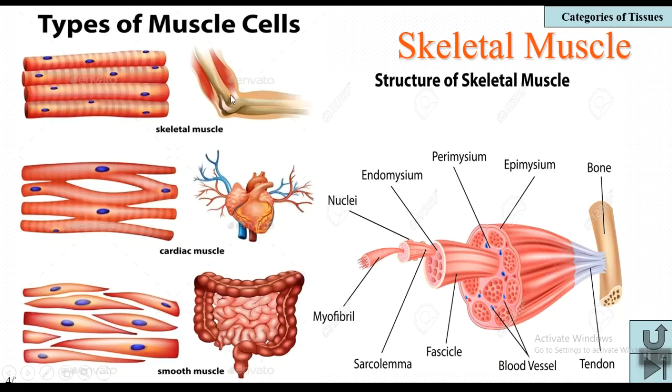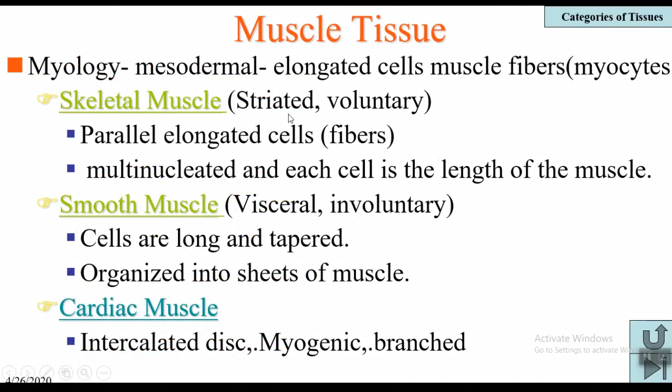As they are under our conscious control, we can move our hand consciously. That's why they are also called voluntary muscles. And the muscle cells, parallel elongated cells, are called fibers.